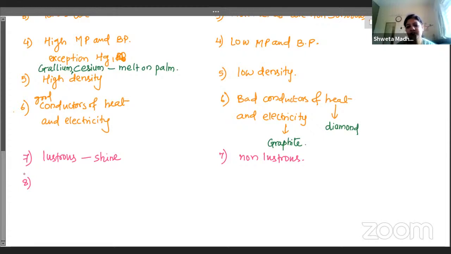It becomes lustrous because of its etching process. It is carved in such a way that it starts reflecting light, and because of that property of reflecting light, it shines. It actually won't possess shine. It is just like a normal stone when it is taken out from the mines.